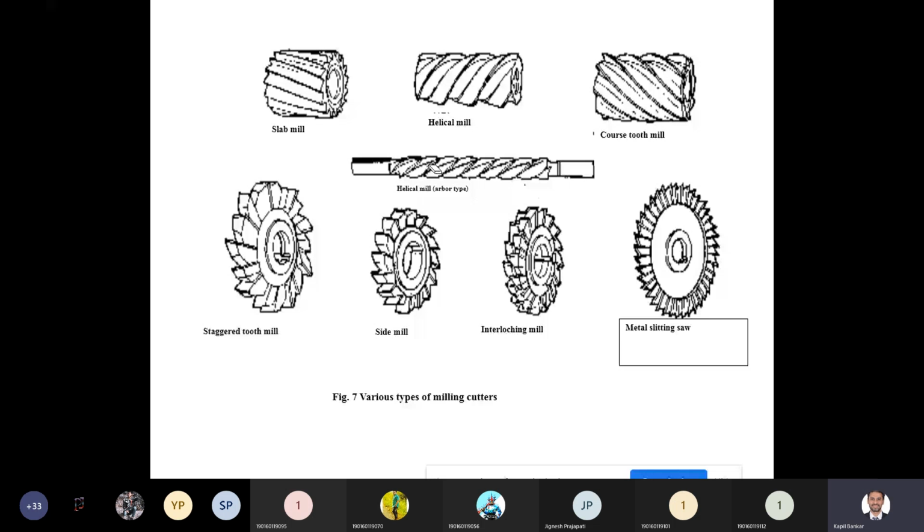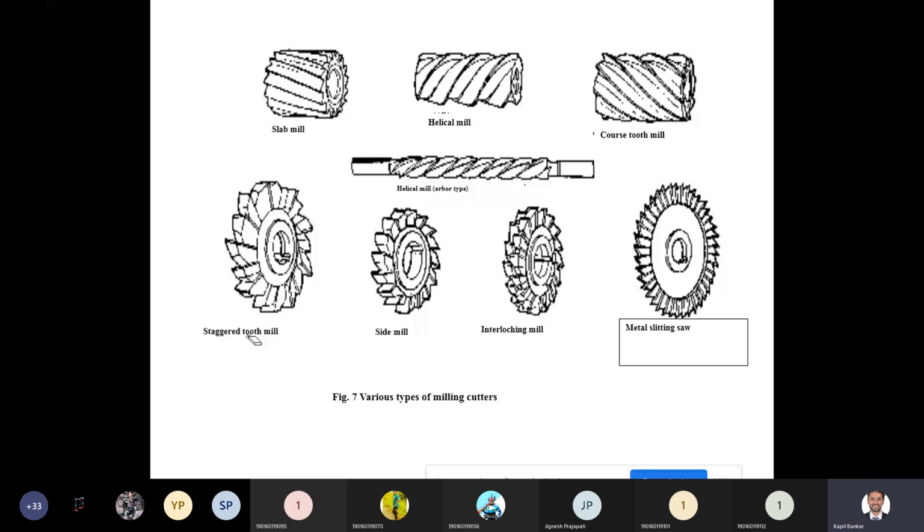So this is called a helical mill, arbor type. Throughout this arbor, or in some portion of the arbor, helical teeth are available, and with the help of these helical teeth you can remove metal throughout the surface of your workpiece. So this is called a helical mill arbor type cutter.